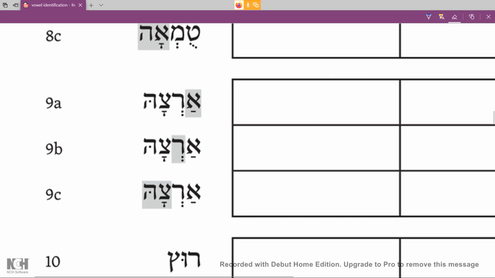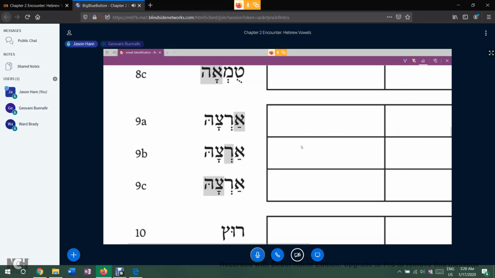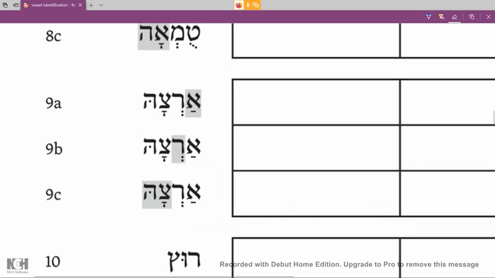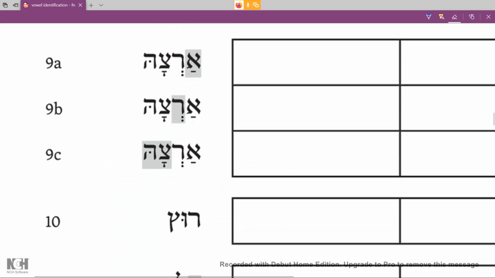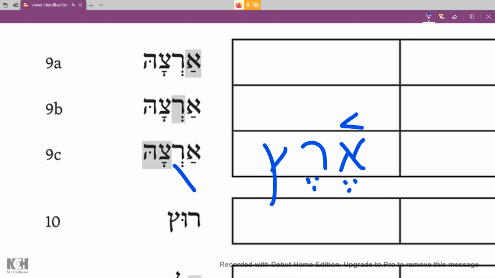It doesn't make a big difference for pronunciation, but just know that it's there. Artsa, her land, her country. Artsa, with TS. That's a TS sound. The word for land is eretz. Eretz is land. Artsa is her land.